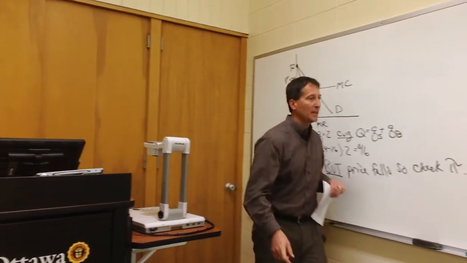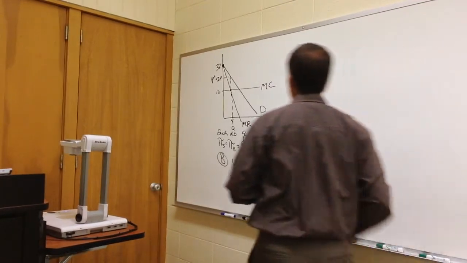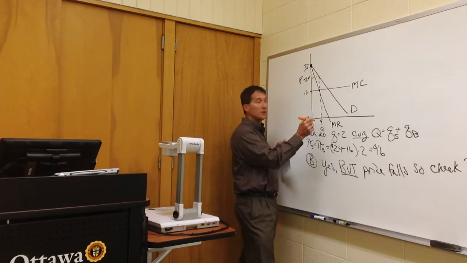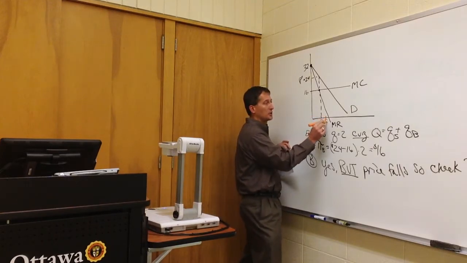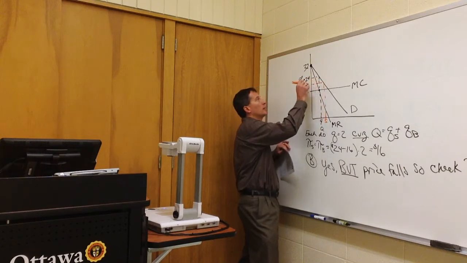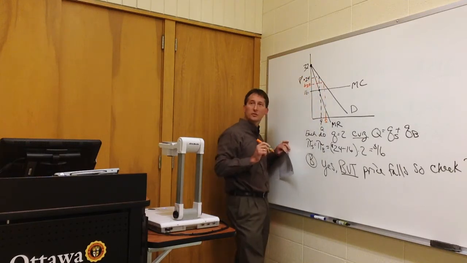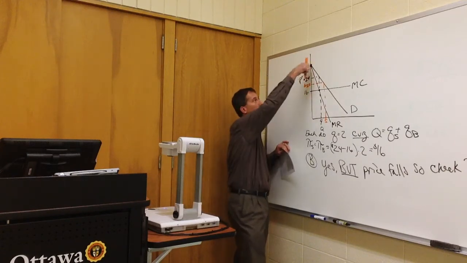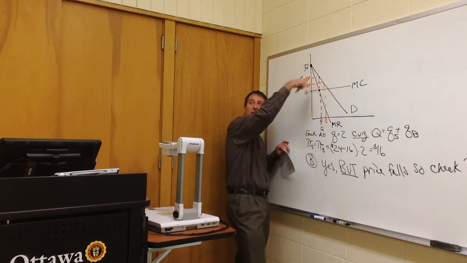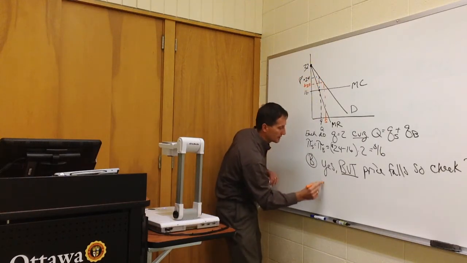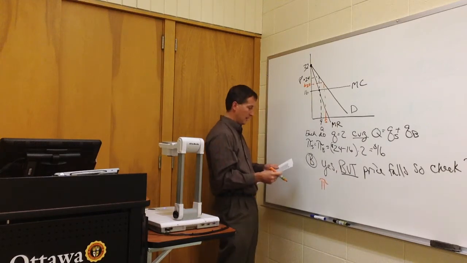But if they cheat, what does the price fall to? How much? 22, right? So imagine the fifth unit, plug that into your inverse demand function, price is going to fall to 22. So that's the new number that you need to factor in. And of course, there's only one price out there, so it falls not only for that extra unit, but for the previous units. So same thing we learned before. So what is the new profit for Squeaky Clean?